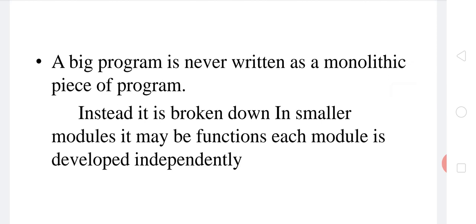Actually, the concept of abstraction is commonly found in computer science. A big program is never written as a monolithic piece of program. Instead, it is broken down into smaller modules. It may be functions. Each module is developed independently.